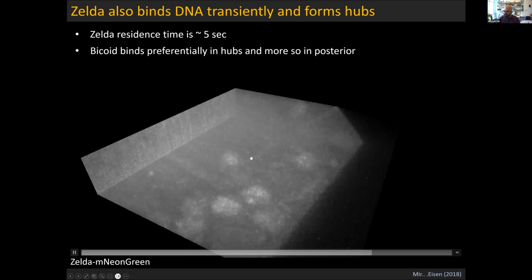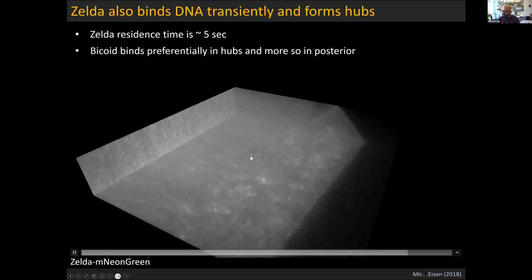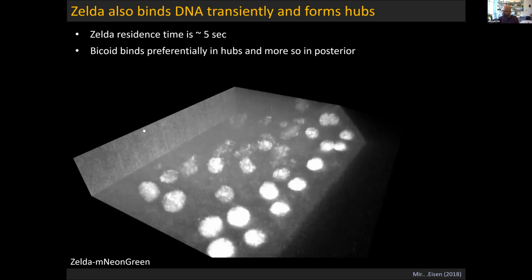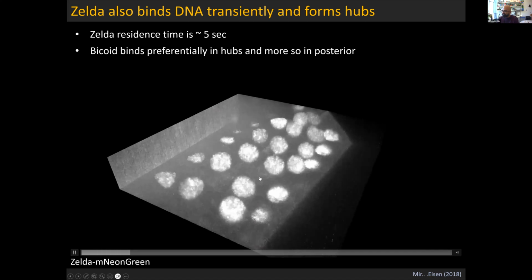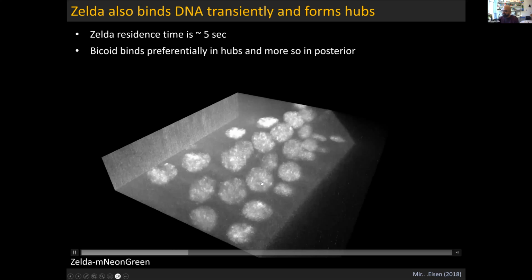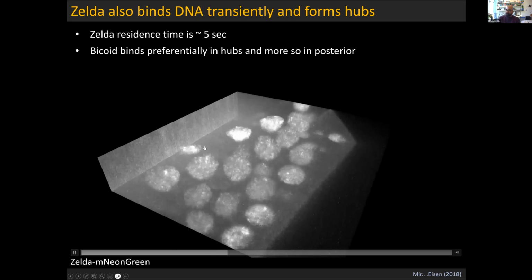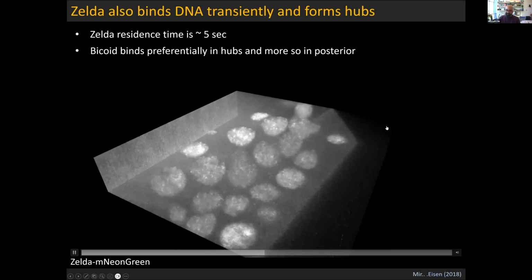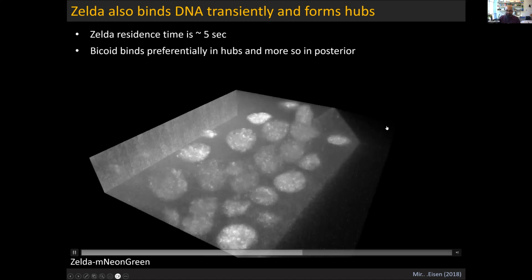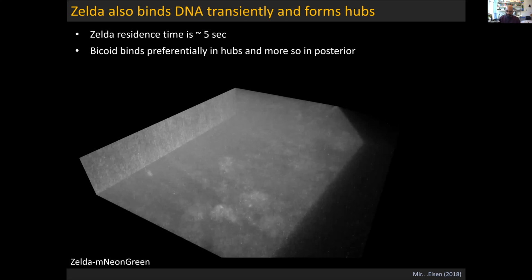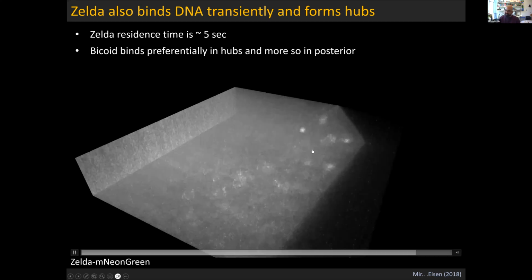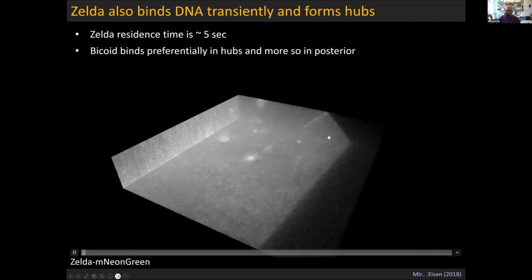Now these nuclei are dividing. And as you come back into the next cell cycle, you'll see that ZELDA rapidly distributes into these local high concentration regions that we refer to as hubs. Now, these regions are very transient, but you can appreciate how rapidly the concentration in a specific part of the nucleus varies in space and time.